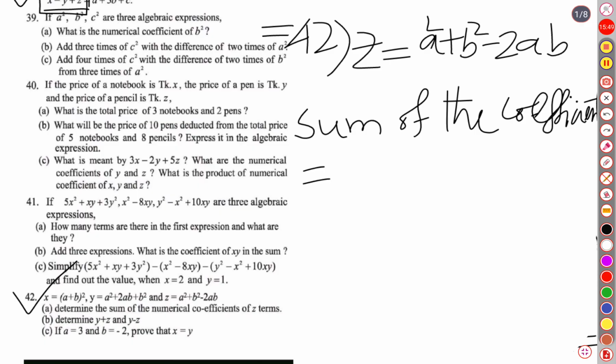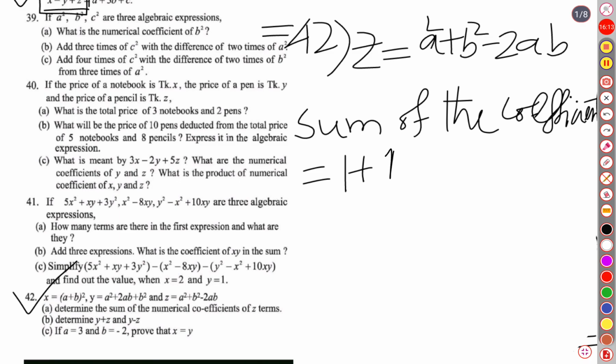So coefficient means actually the integral number or the number in front of the algebraic quantity. So here there is an invisible one. That means whenever we read, we understand that there is one a square. So numerical coefficient of the first term is 1, plus numerical coefficient of the second term also 1, b square.